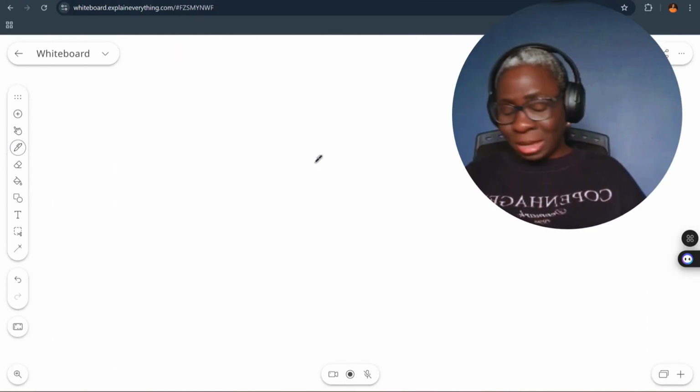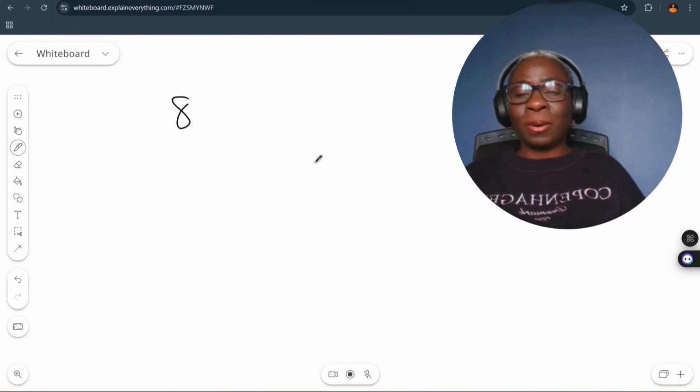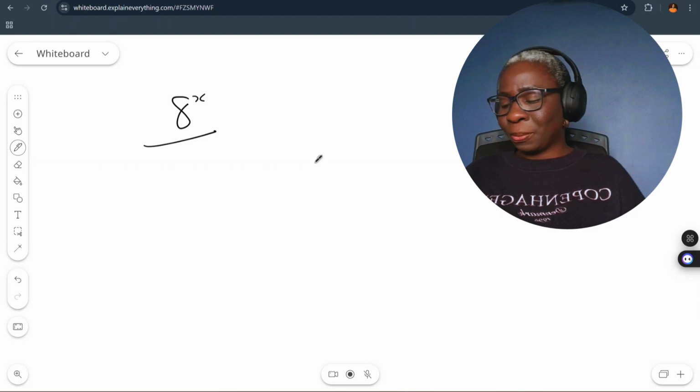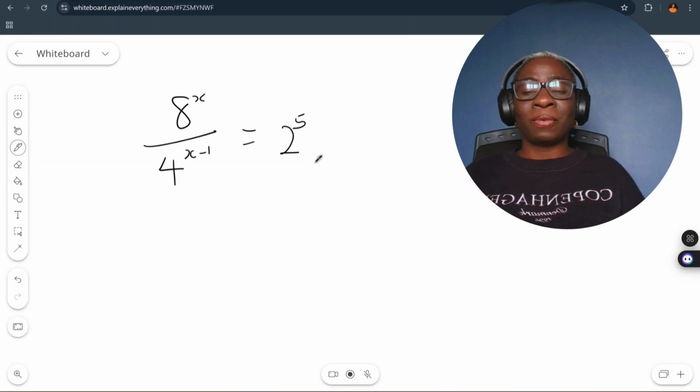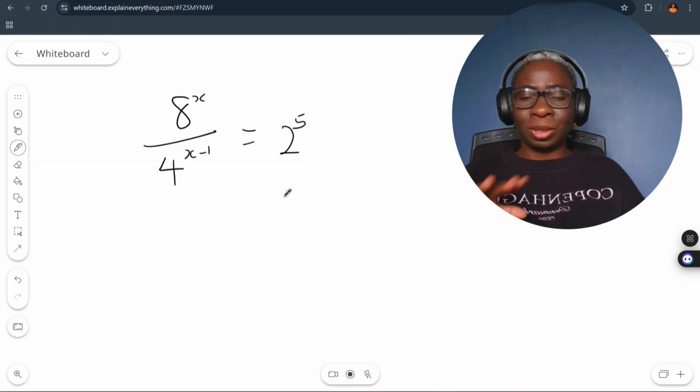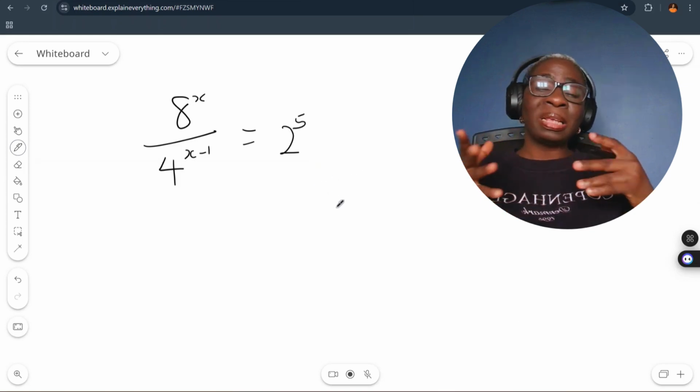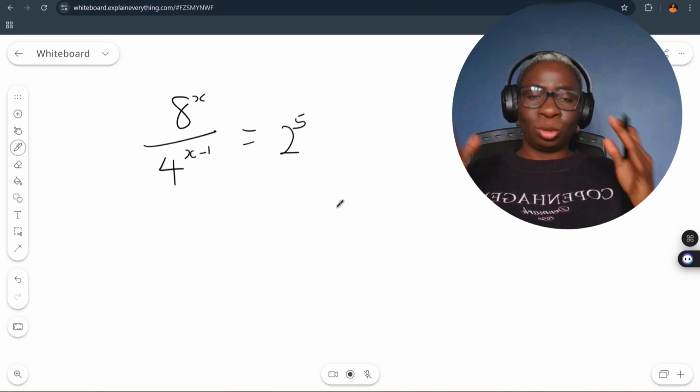The first one says 8 raised power x over 4 raised power x minus 1 equals 2 raised to power 5. If you look at all the bases, you can see that we can express all of them in base 2.